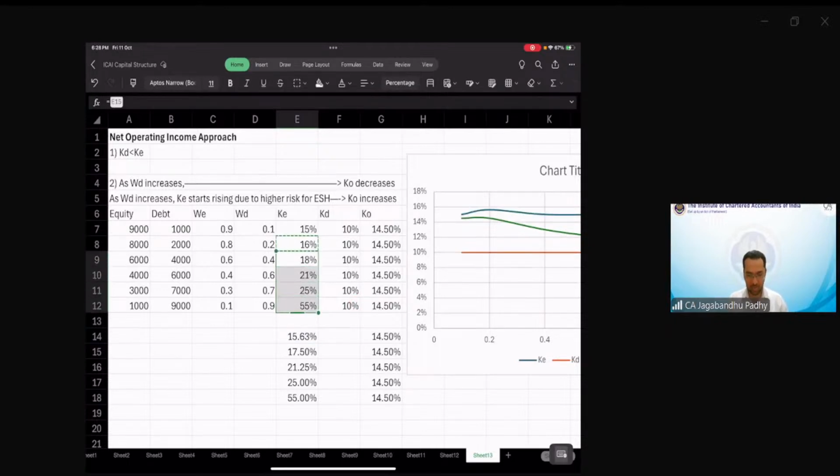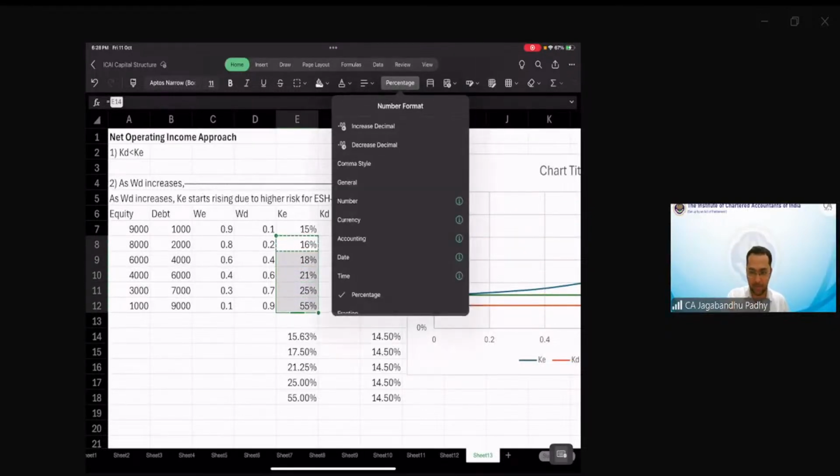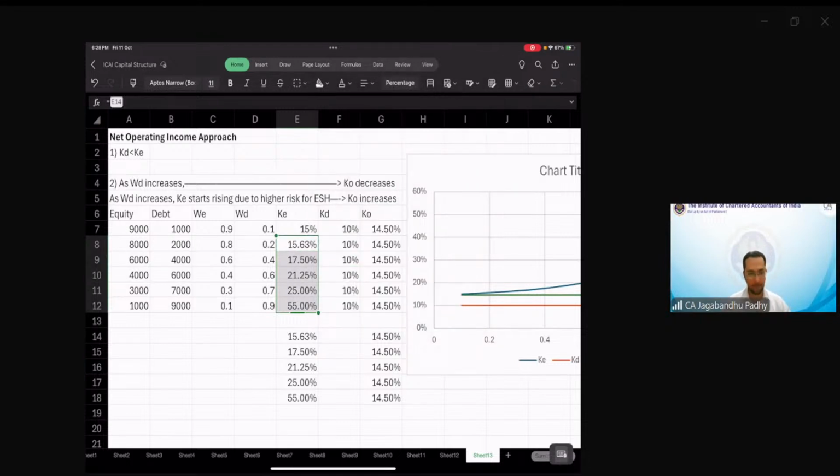Now once I implement this number, you can observe that this is a really problematic one.